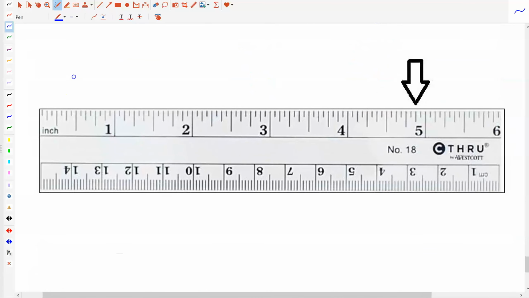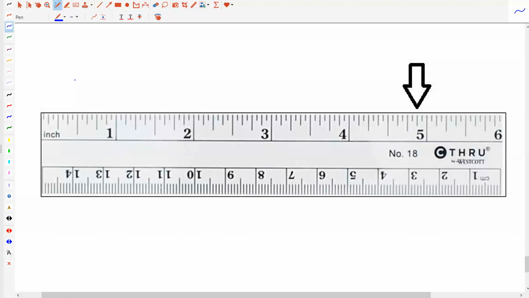All right, so one more example. I encourage you to try this one on your own and then compare it with what I get. The whole point is being able to do these super fast. First thing I notice is I'm between 4 and 5, so my whole part is going to be 4.